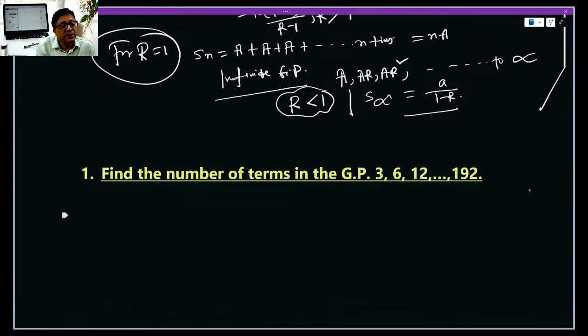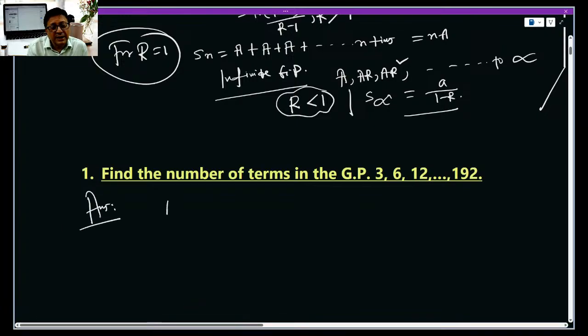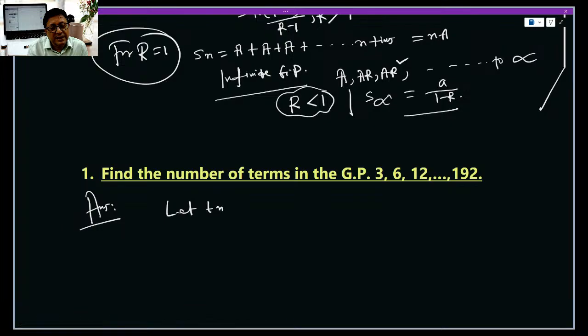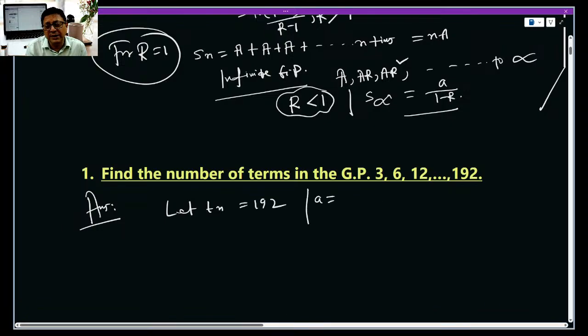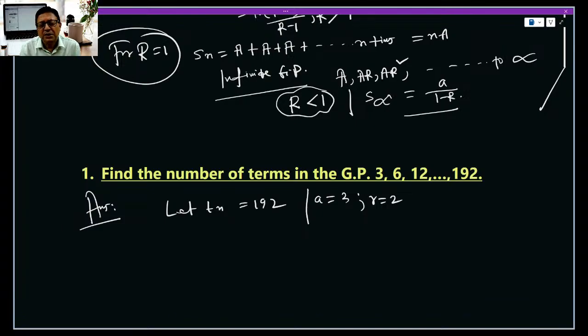Very simple problem. We can start this manner. Let Tn equal to 192. What is A here? Here A is 3. And common ratio is what? Common ratio equal to 2. Isn't it?